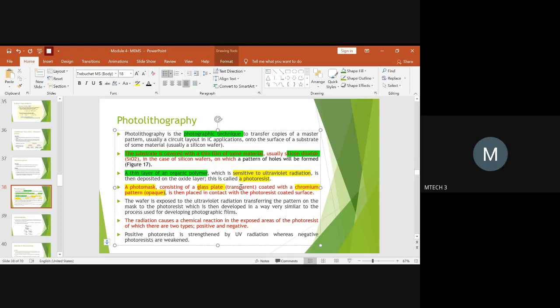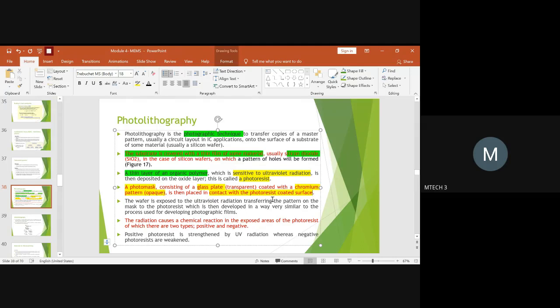The glass plate is transparent, and above that glass plate it has a chromium pattern, which makes it opaque, so it will not be transparent and clear when you view it from the top. This coating has been applied, and it is placed on the photoresist-coated surface. What do you mean by this? You will exactly come to know when you develop these thin films. Only by listening, it will not be so clear to you all.